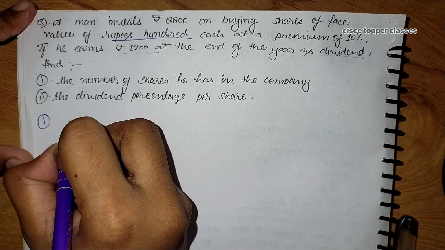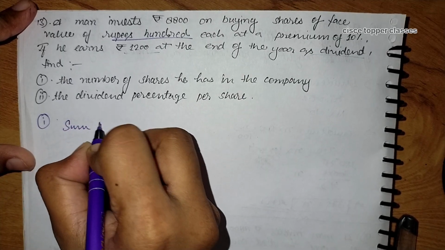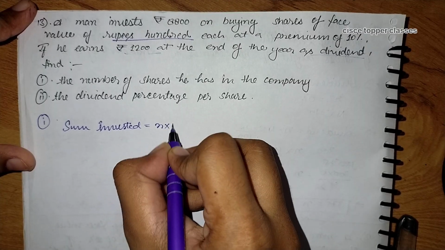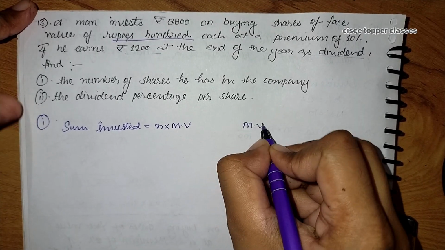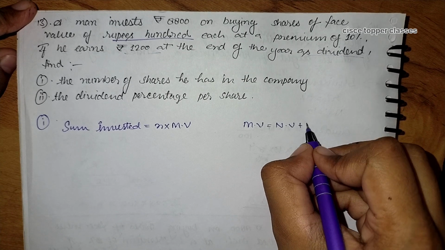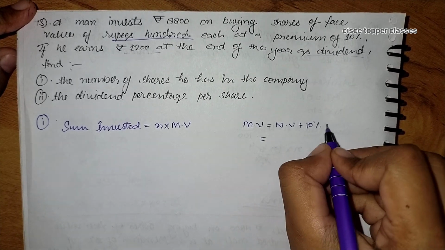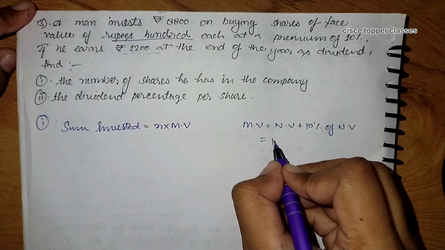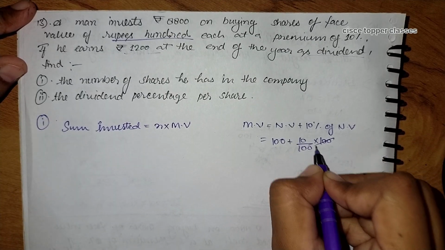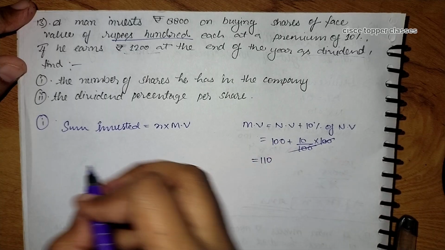So we will write here sum invested is equal to number of shares into market value. Market value will be nominal value plus means the premium value, 10% of nominal value. Nominal value is given to us as 100, so this will be 100 plus 10 by 100 into 100. 100 will be cancelled out, means 110 is the market value.